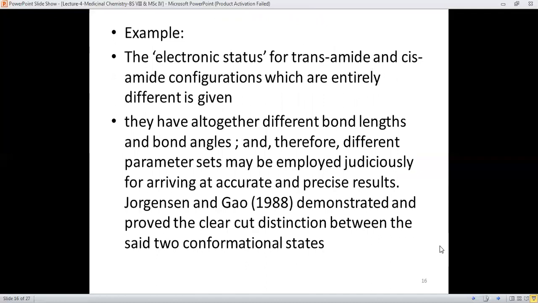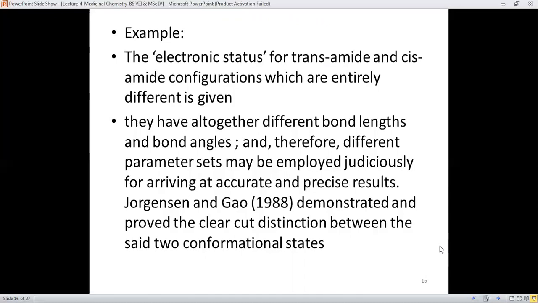And therefore different parameter sets may be employed for arriving at accurate and precise results, because if we deal with these bond angles and bond lengths as the same for cis and trans, then the whole concept will be erupted.